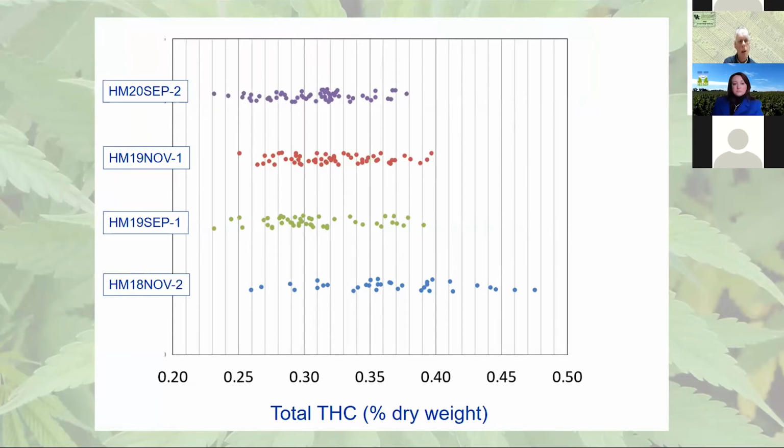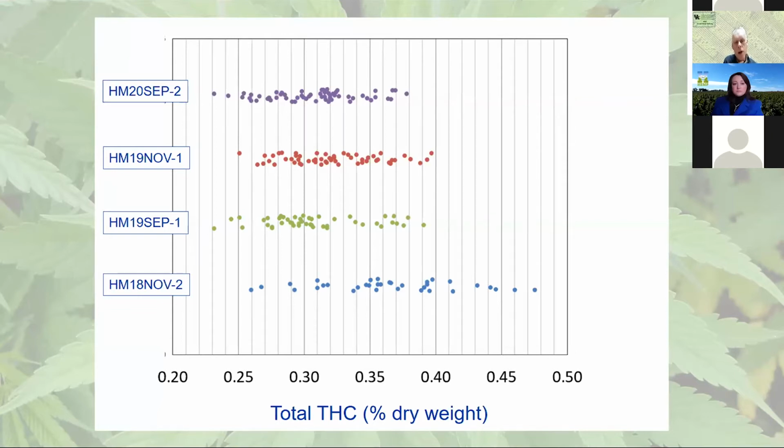The label of the samples is shown on the left-hand side. The 3rd and 4th characters are the year of the program, and the month is the month that the sample was shipped out. The first sample in 2018 shows a wide variation. This same sample sent out to all these different labs ranged from 0.26 to 0.475% total THC.